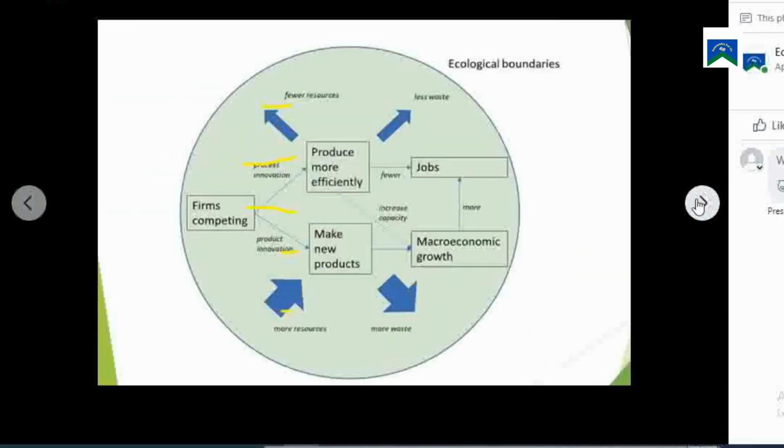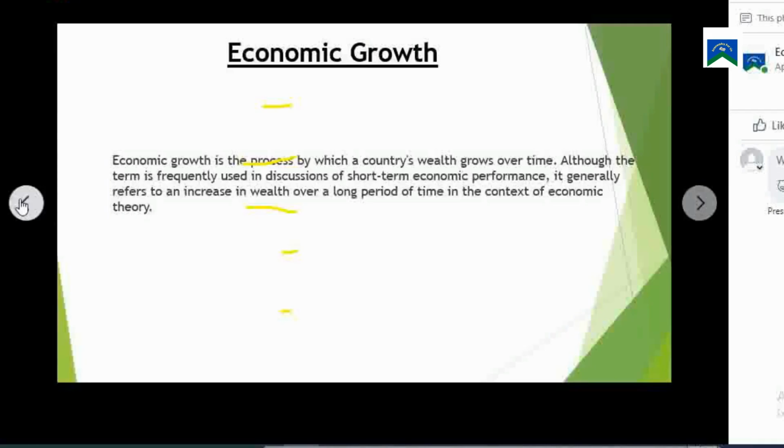I hope the slides we have used to define economic growth, and the difference between economic growth and economic development, help you understand. In practice we feel they have the same meaning, but in reality economic growth and economic development are separate topics.